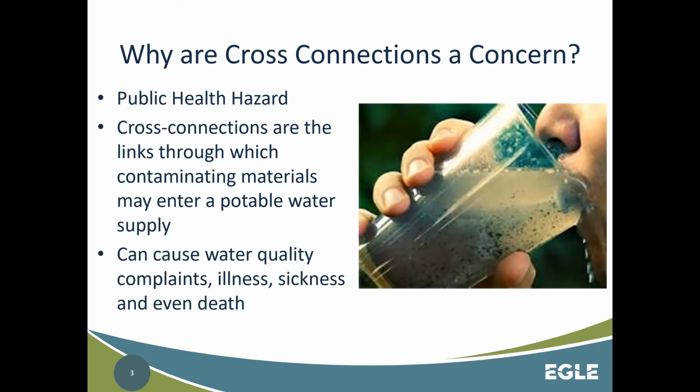Well, roughly about 70% of all illnesses and sicknesses that occur because of drinking water are due to cross connection issues. Yeah, it's roughly about 70%. So that's why it's a huge concern. Some can be worse than others.